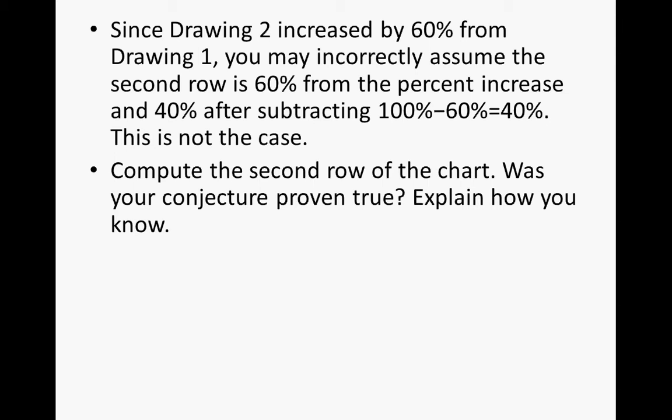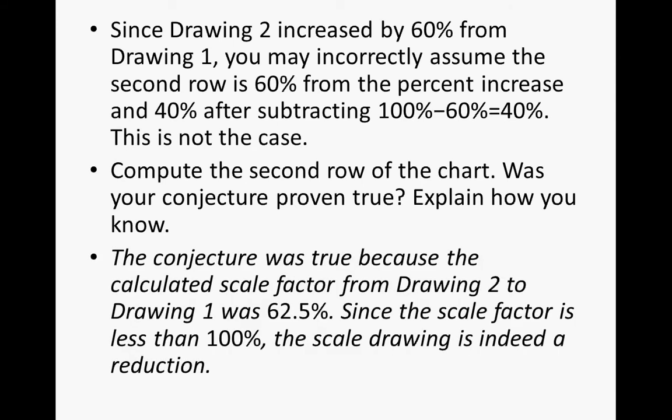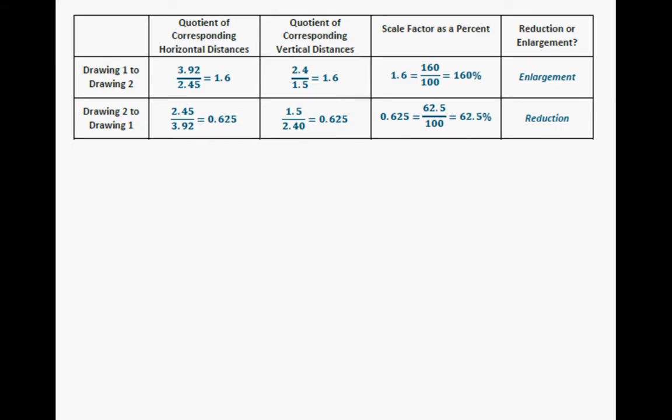Okay, you should have the second row of the chart completed. The conjecture was true because the calculated scale factor from drawing 2 to drawing 1 was 62.5%. Since the scale factor is less than 100%, the scale drawing is indeed a reduction. So this is what you should have. If we take the reciprocal and flip this around, 2 and 45 hundredths to 3 and 92 hundredths, when we reduce that or divide that, we get 625 thousandths.